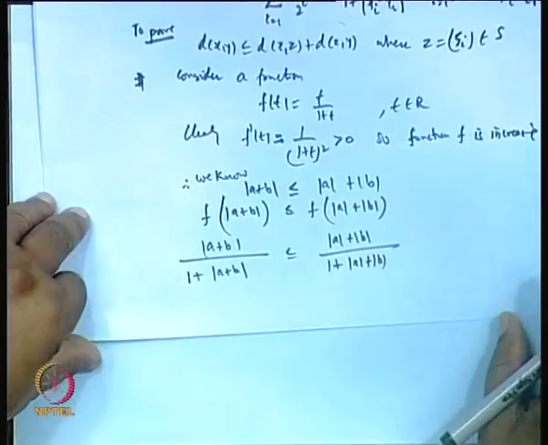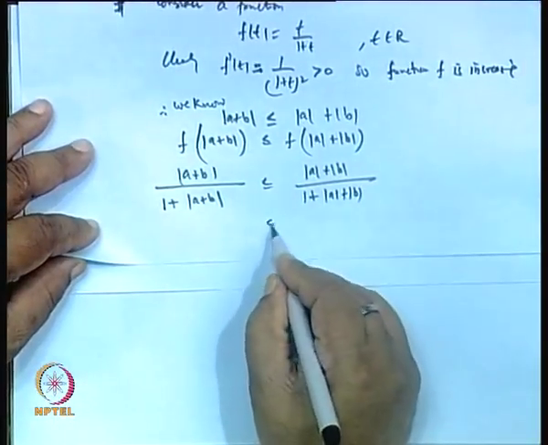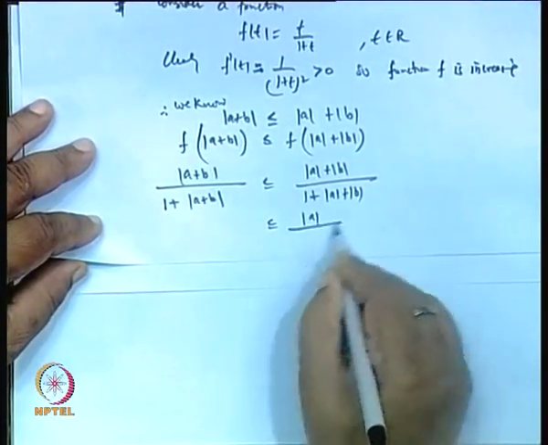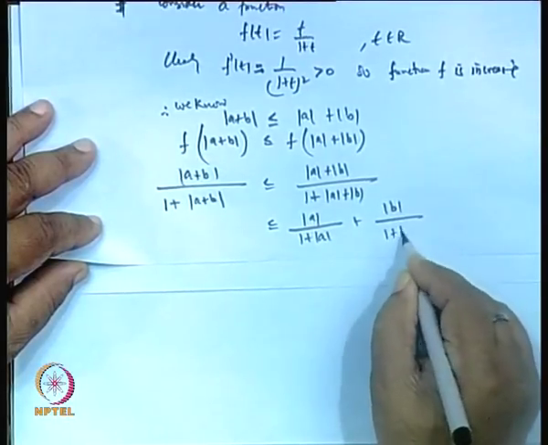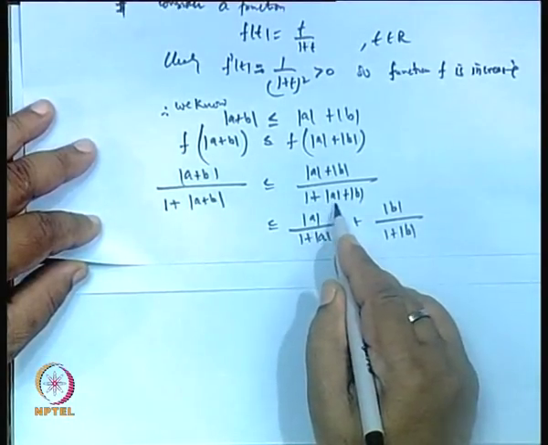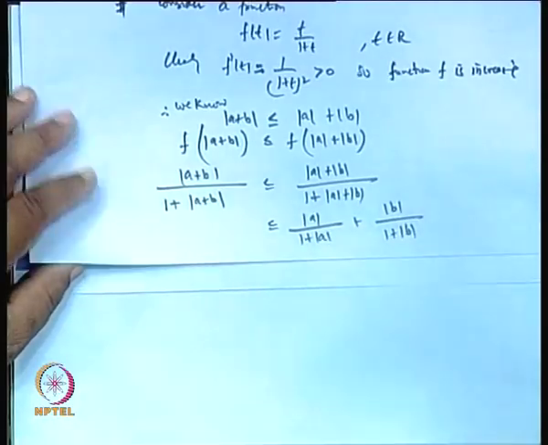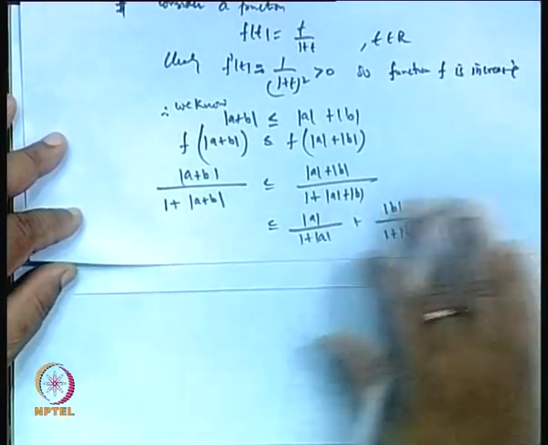And this will be further less than or equal to mod a over 1 plus mod a plus mod b over 1 plus mod b, because I am dropping b here and a here. Okay. So, we get this part.